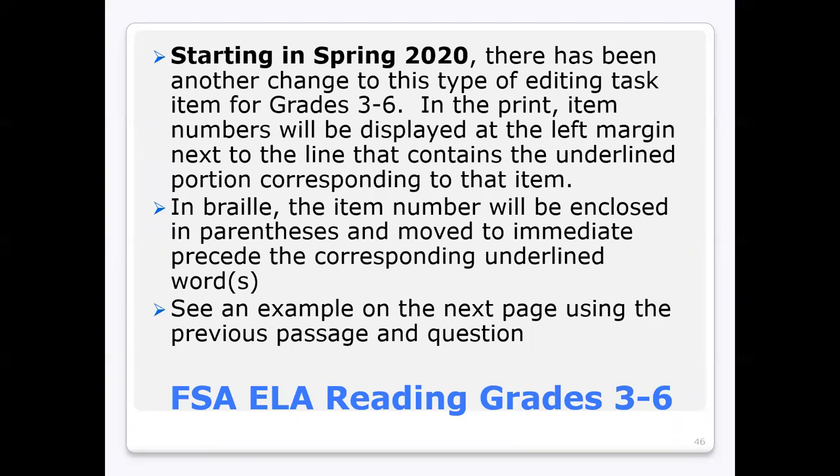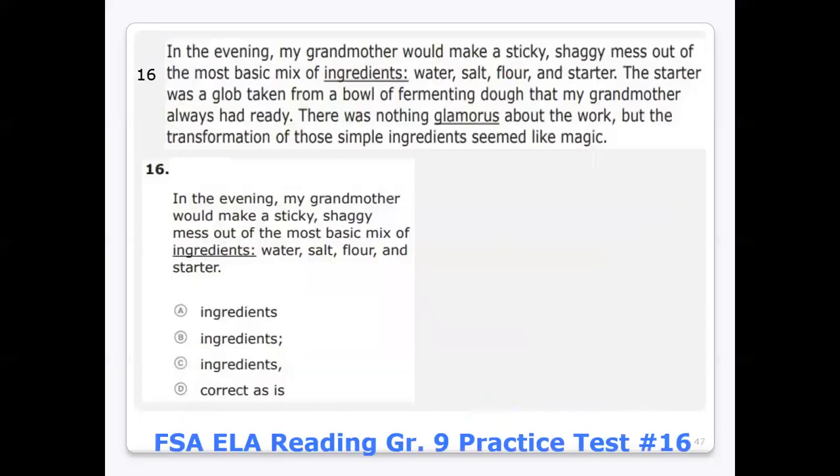Now, this example I made up because we don't have the practice test finalized yet, so I don't have an example of the new format to show you, but I could create what it would look like, and that's what I did.